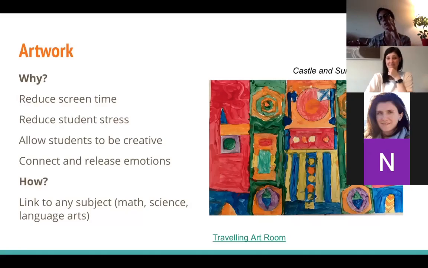So they were looking at geometric shapes, and they were also looking at Castle and Sun by Paul Klee. And so he was asked to use the geometric shapes to build a work of art. And he spent hours and hours and hours picking out the right colors and the right geometric shapes.